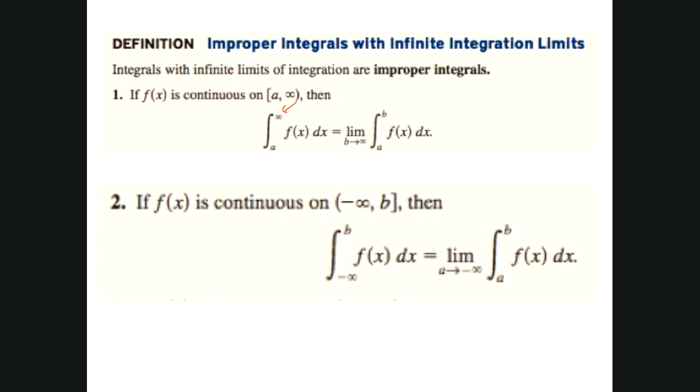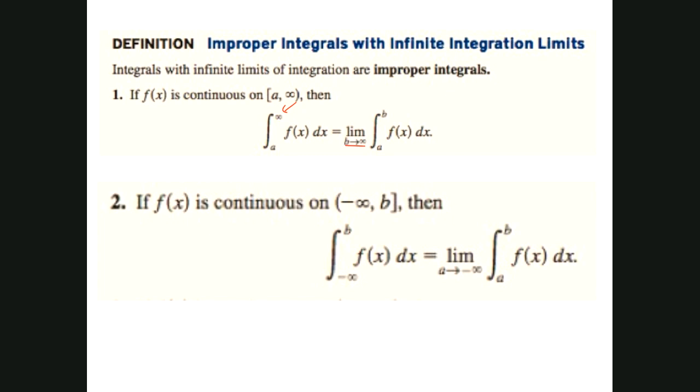We're going to break it down. So we've got the integral from a to infinity. We're going to say it's going to be from a to b, and the limit as b goes to infinity. And if f of x is continuous from negative infinity to b, then we're going to go from negative infinity to b, the limit as a approaches negative infinity, of the integral from a to b.